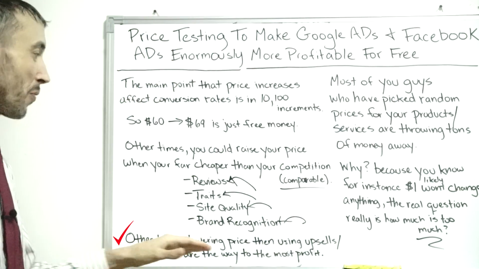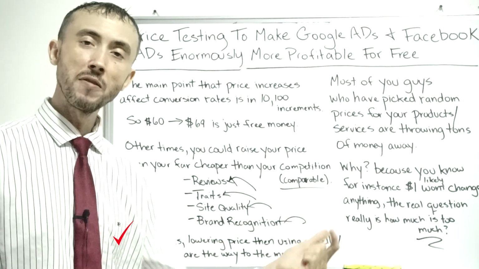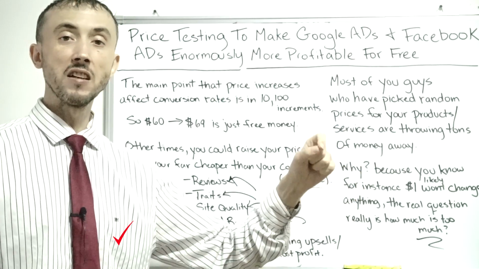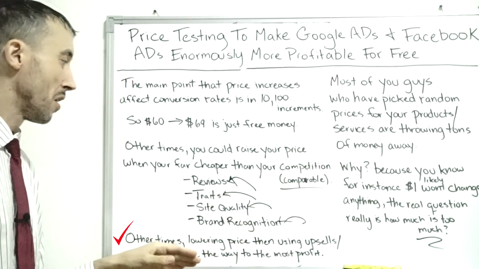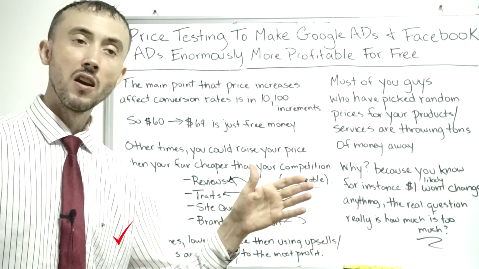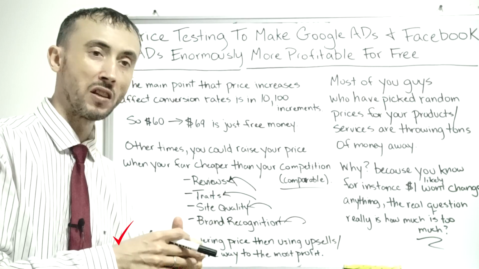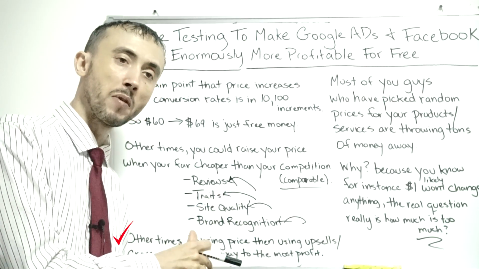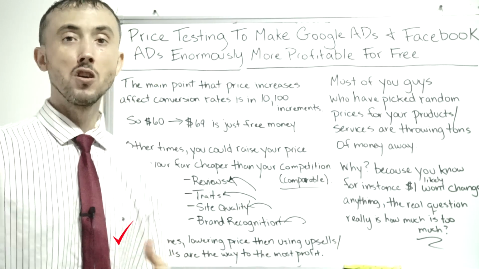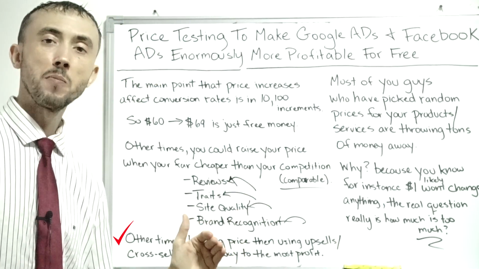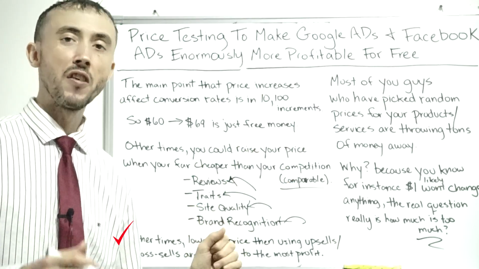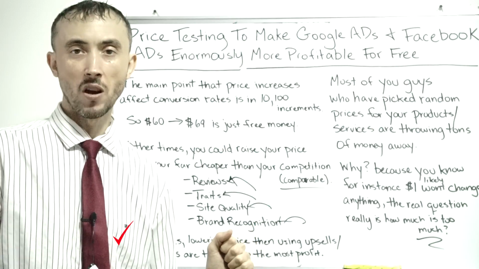In addition to that, obviously when you lower your price, you can get a higher click-through rate on your ads, which will make you more money in terms of lower cost per click. But you can also lower your product price and then use cross-sells, as I mentioned, to attract them in with the low price, a little bit less than everybody else, and then get them to buy something else. You can do upsells: be 10% cheaper than the people you're competing against to drive that click, and then upsell them during the checkout process.